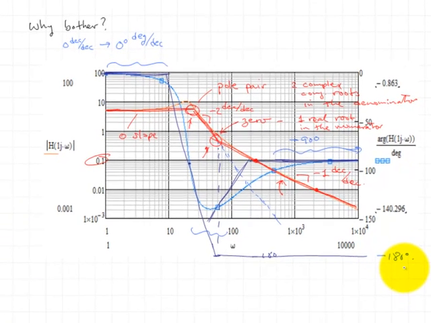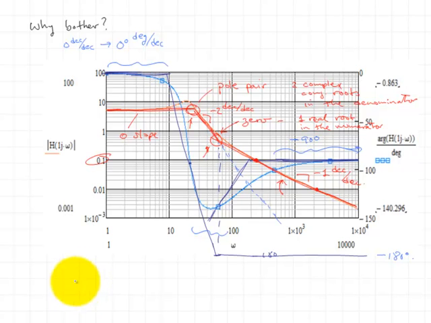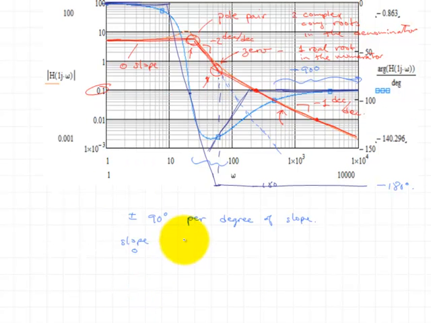Okay, and we find that we will have plus or minus 90 degrees asymptotically per decade of slope. So for instance, with a slope of 0, these are asymptotic values now, the asymptotic phase would be 0, or we could have 180 degrees.